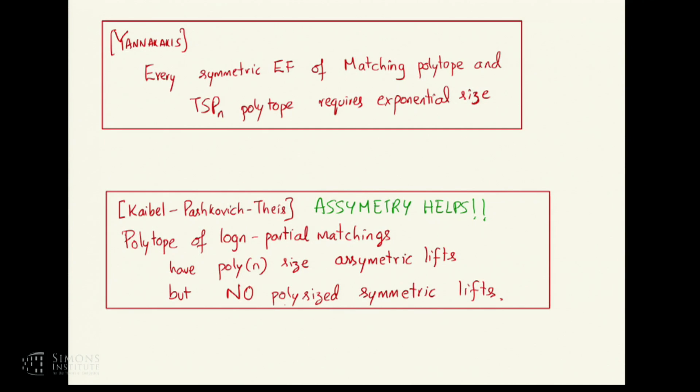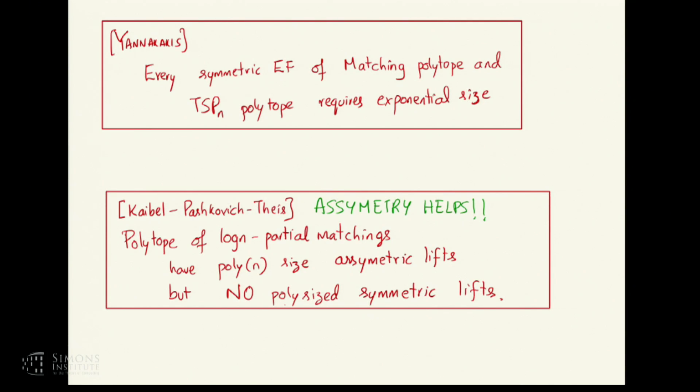The first results by Yannakakis were for symmetric extended formulations. Yannakakis showed that every symmetric extended formulation for the matching polytope or the TSP polytope requires exponential size. This is already very nice, and you might suspect that since a problem like TSP or matching is very symmetric, there's no use in using an asymmetric relaxation for a symmetric problem, right?